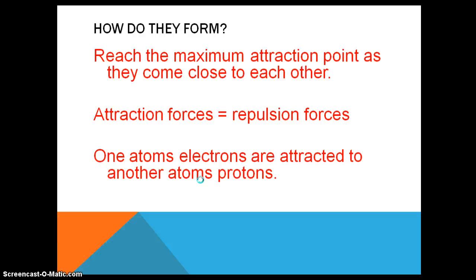But eventually they move close enough and the attraction forces between the protons in the center of each of those atoms start to outweigh the repelling forces. So essentially you get one atom's electrons being attracted to the other atom's protons. The protons are positive, the electrons are still negative, and we know opposites attract, so it works out.